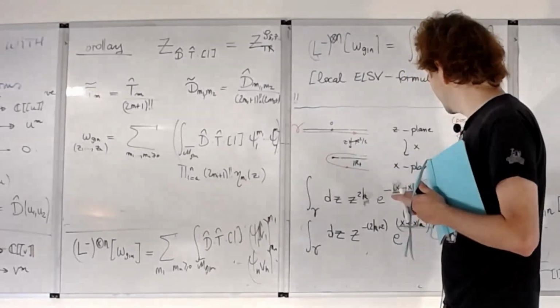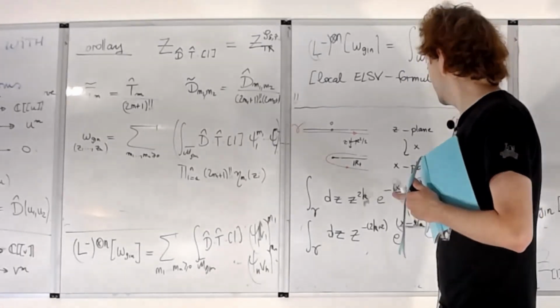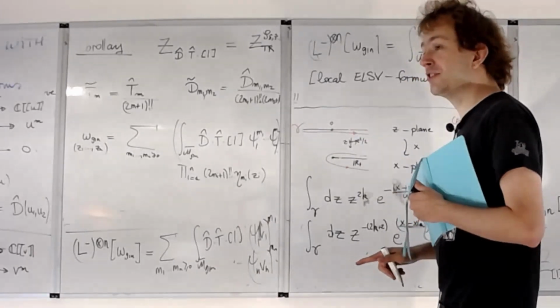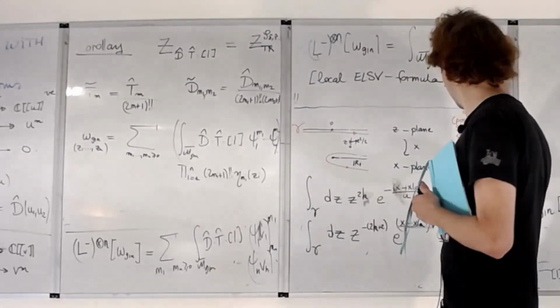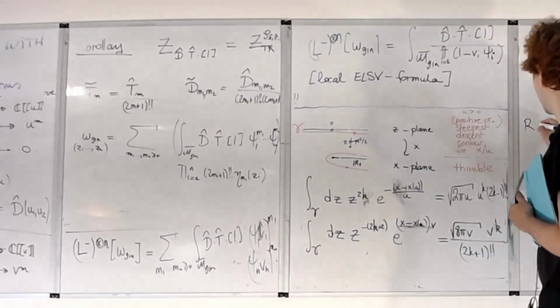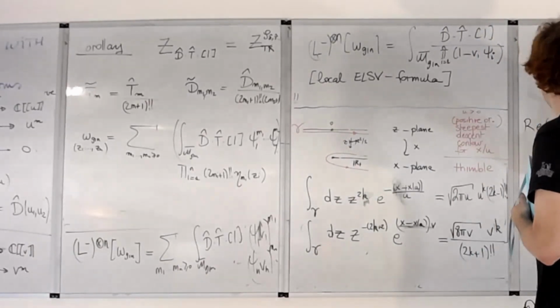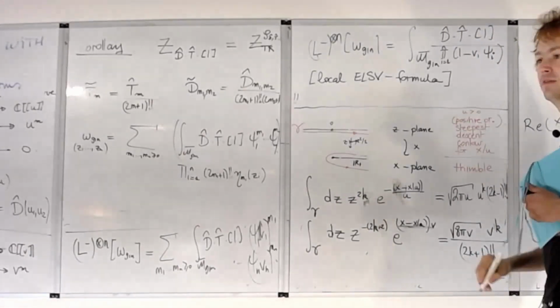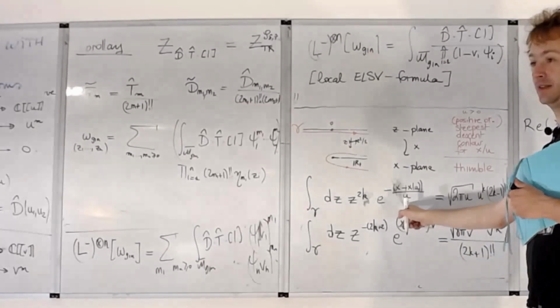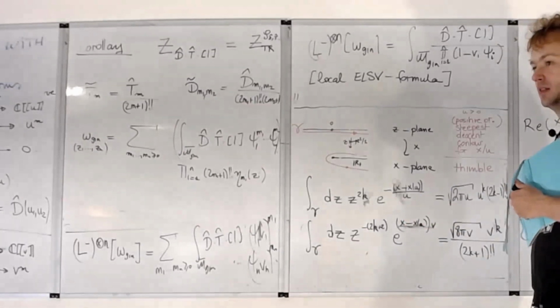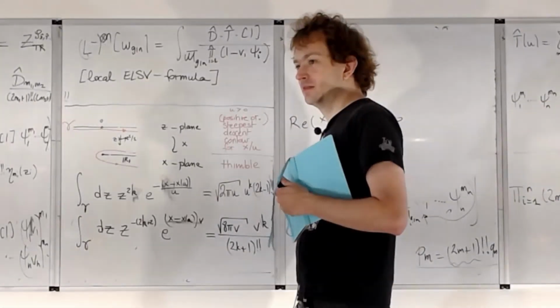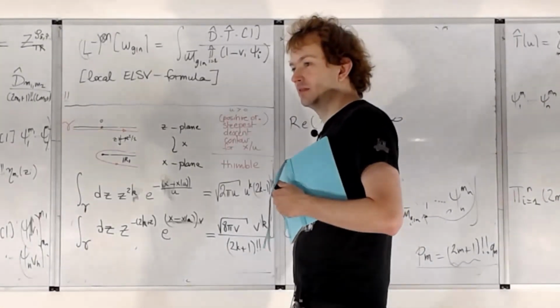But the main point is that when u is positive at least, why do I choose this contour? It's because it's the only contour on which the Laplace transform is going to make sense, because this steepest descent contour is defined so that the real part of x goes to plus infinity at infinity. So it decays. Maybe I need to write it in local coordinates to understand what's happening.